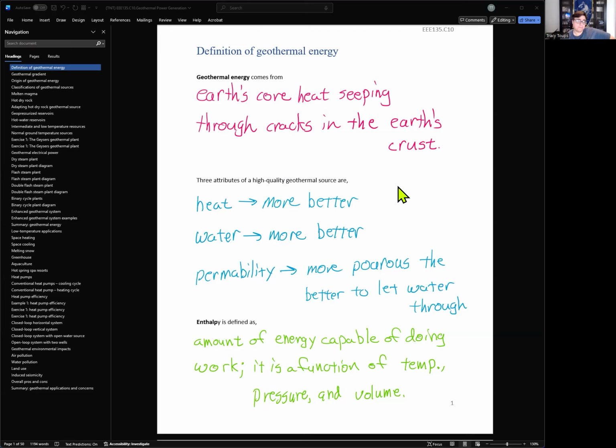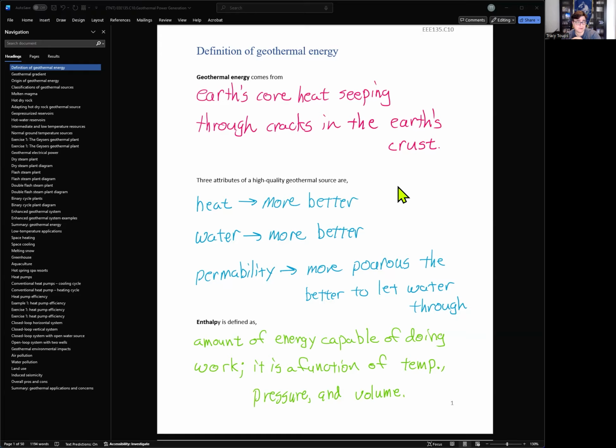Now, when we find a suitable location that has a crack or has geothermal energy close to the surface seeping out, we need to look at them and classify them in what quality of geothermal energy there is, right? Is it good, medium, low?